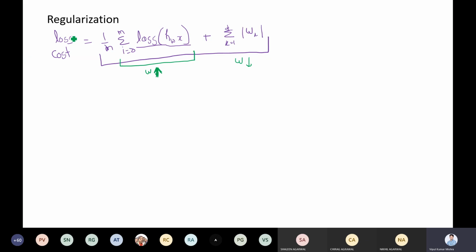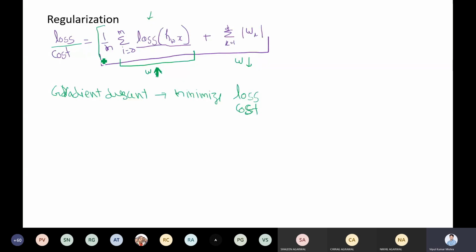This is your loss function, and what your gradient descent will do is try to minimize the loss, or you can say the cost. Now the cost here is not only this term.